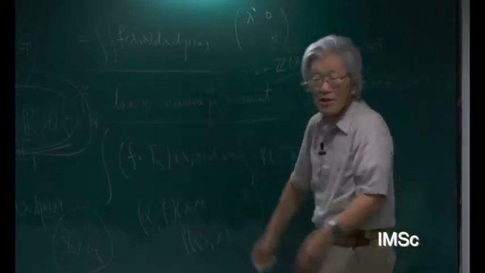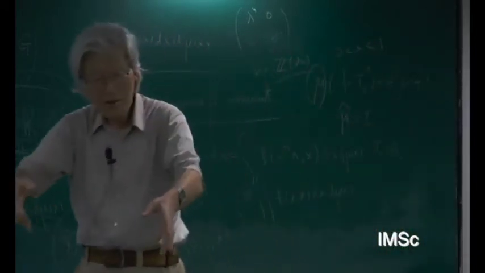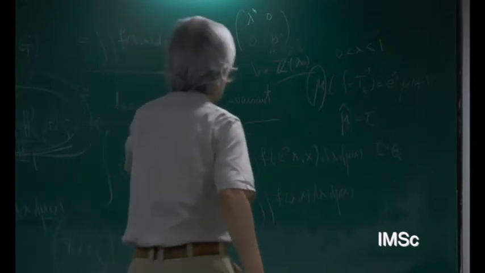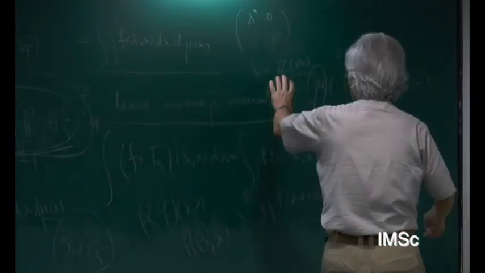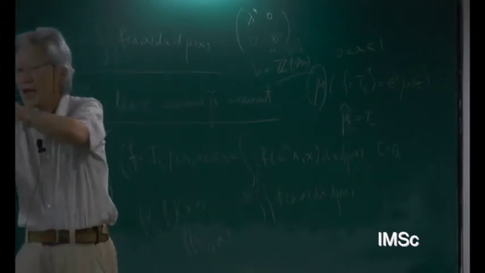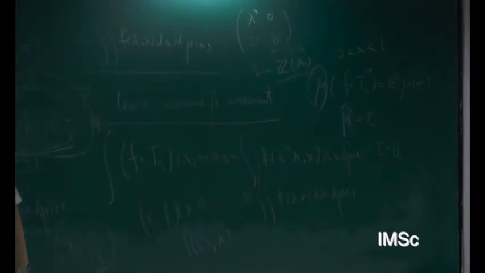Then you can put your hands on it. You can really visualize it. In that case, if you do the whole thing, the flow of weights becomes periodic, of period minus log lambda.